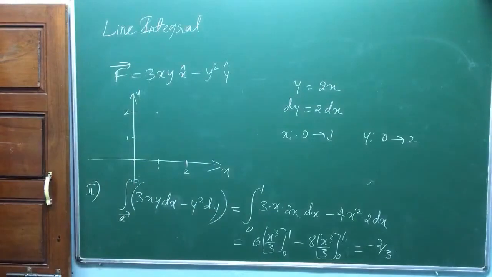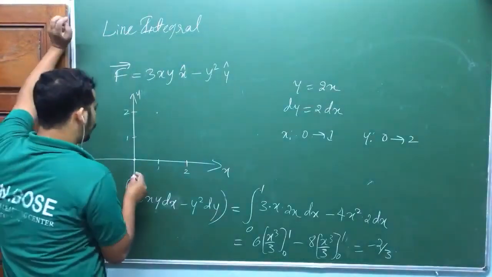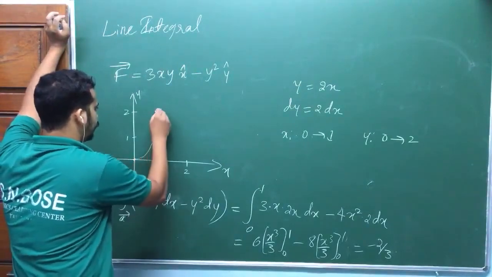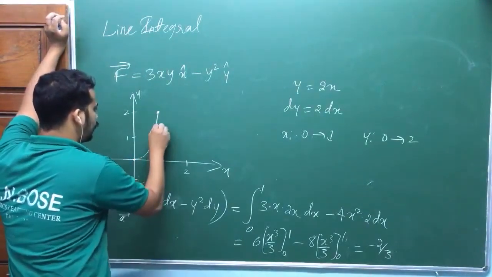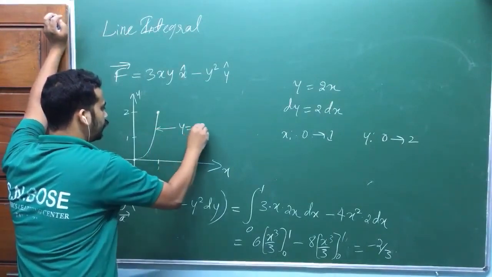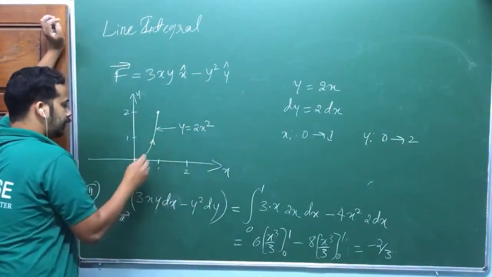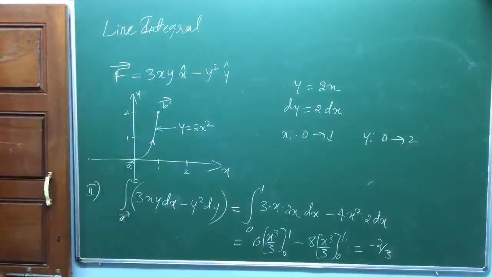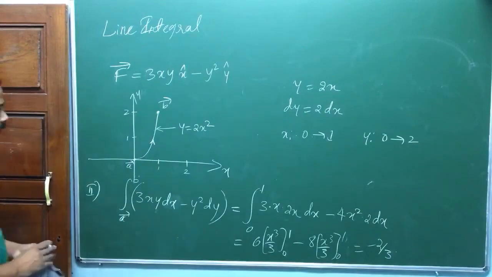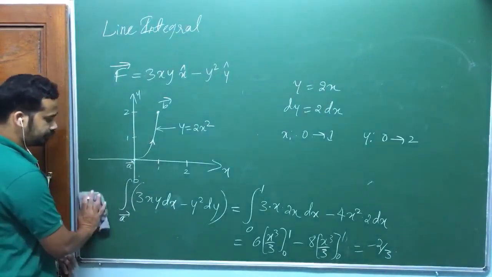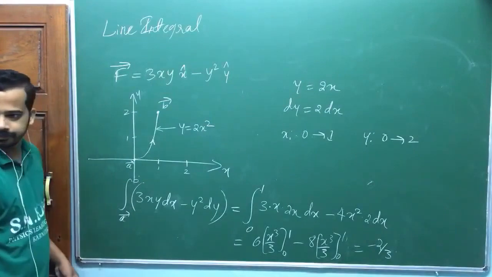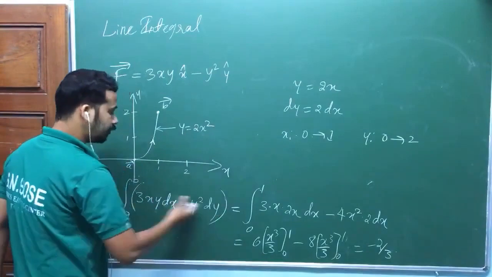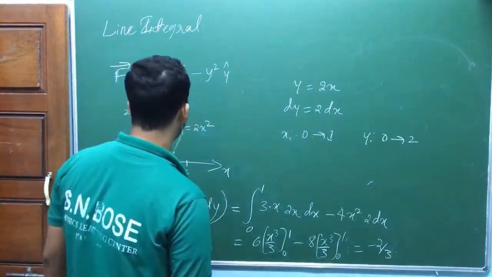Let me take y equal to 2x square, a kind of parabola from here to here. What is the equation? Y is equal to 2x square. You do the line integral from A to B along this path. Some curved path. I have given the equation of the curve. Then how do you do? Using this y equal to 2x square, convert this two variable integration into single variable integration.